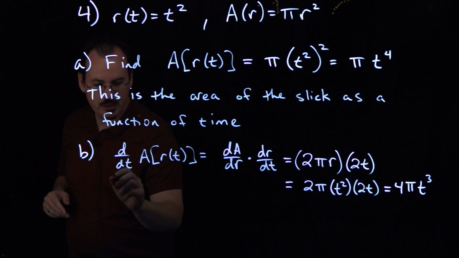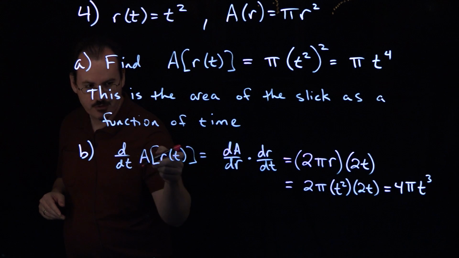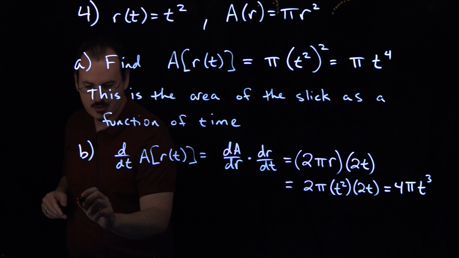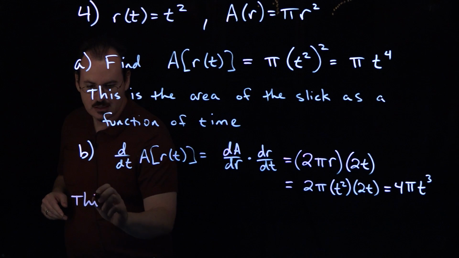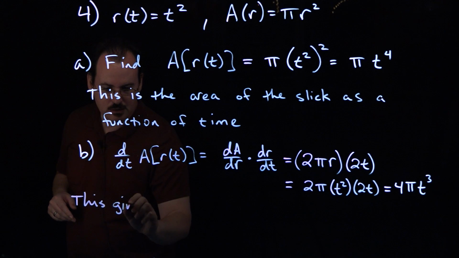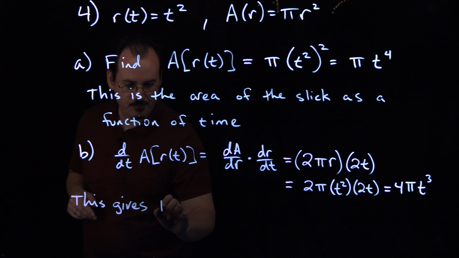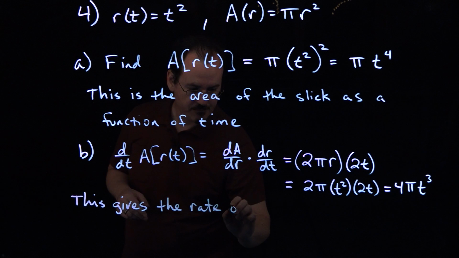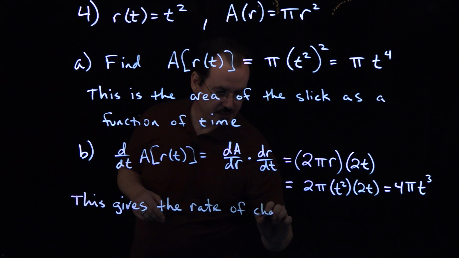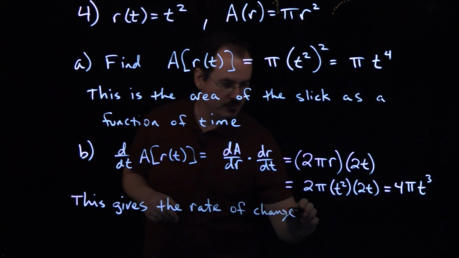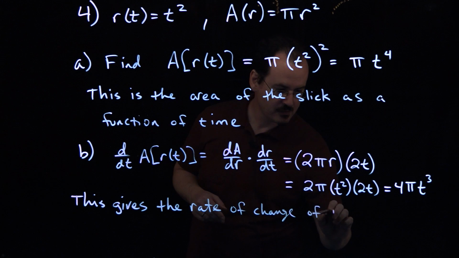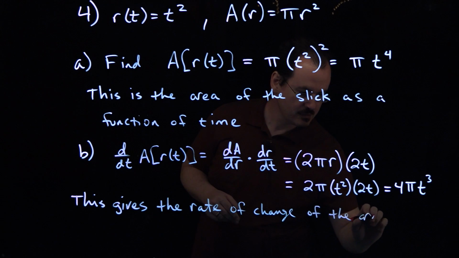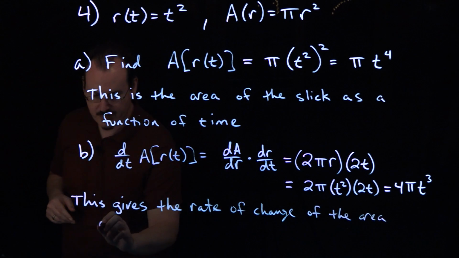So this quantity here represents the derivative of this function composition. This gives the rate of change, the rate of growth really, the rate of change of the area of the slick at any time t.